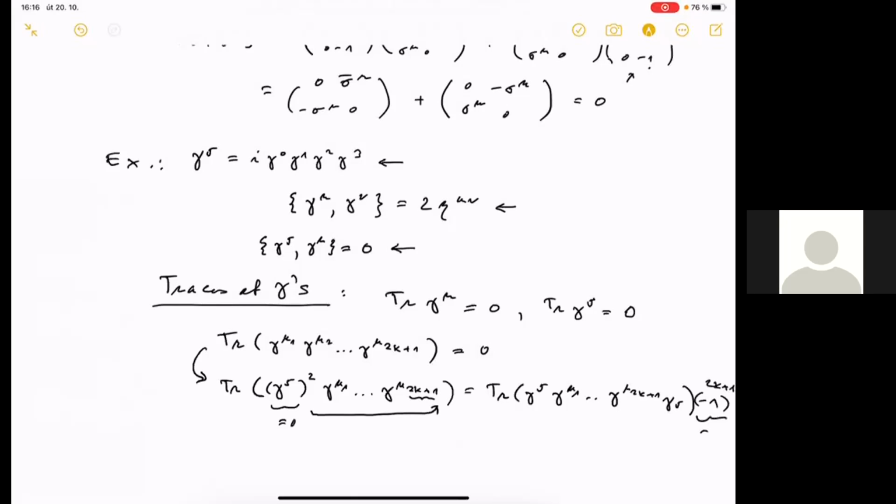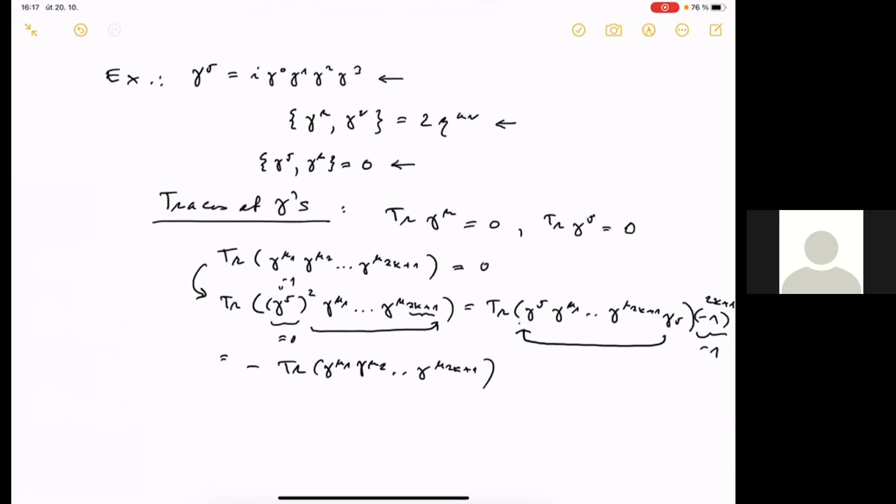This is just -1. And now we can use the cyclicity of the trace, again, to remove this gamma 5 and move it in front of this chain. And again, we use that this is equal to 1. So we obtain that this is nothing else but minus the trace of gamma mu1 up to gamma mu2k plus 1. So the trace of any chain of an odd number of gamma matrices is simply 0.